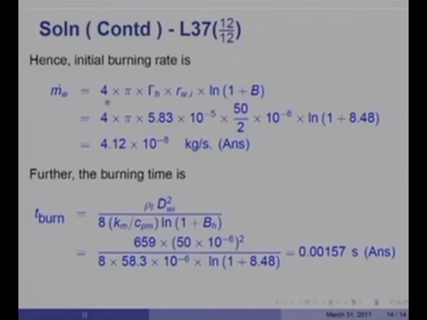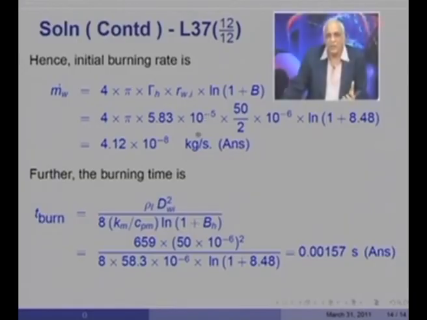So, now here I can evaluate the burning rate. The initial burning rate is 4 pi into gamma h, which is km by Cpm, into Rwi, which is the initial radius 50 by 2 into 10^-6, ln(1 plus 8.48), giving 4.12 into 10^-8 kg per second.